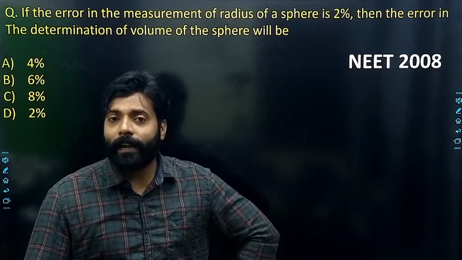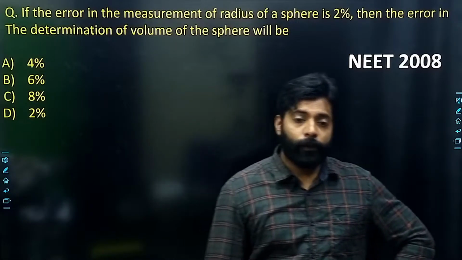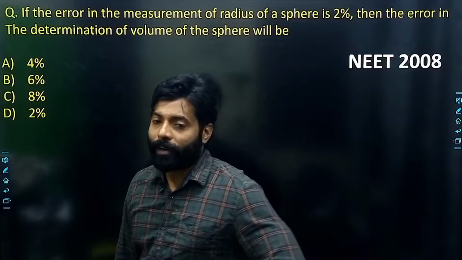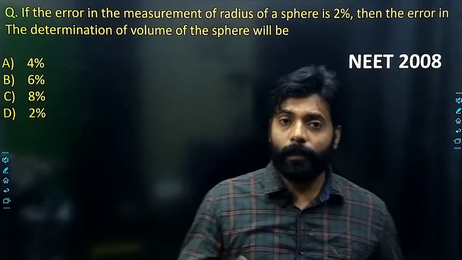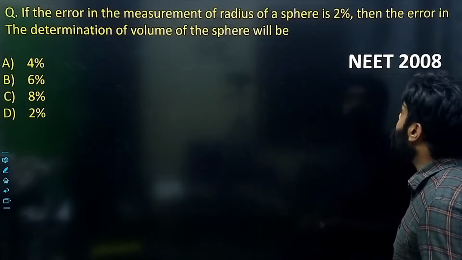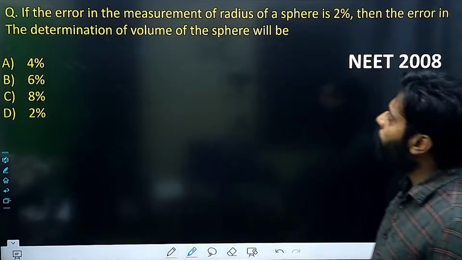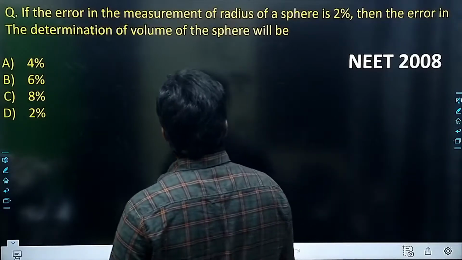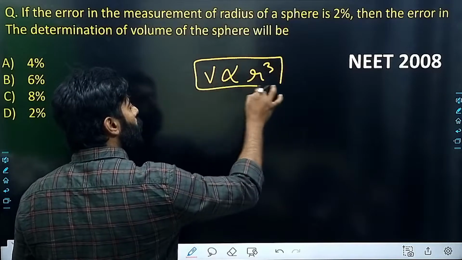The question given here is: if the error in the measurement of the radius of a sphere is 2%, then the error in the determination of the volume of the sphere is, we know that the volume is proportional to r cube.